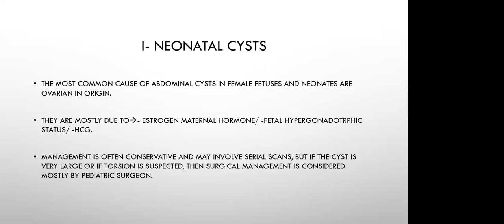In that scenario, a cyst more than 7 centimeters in diameter is really suspicious, and sometimes requires urgent intervention for cystectomy to prevent possible torsion of the ovary, thereby saving the function of the ovary for the neonate.